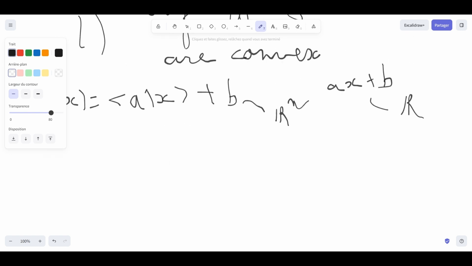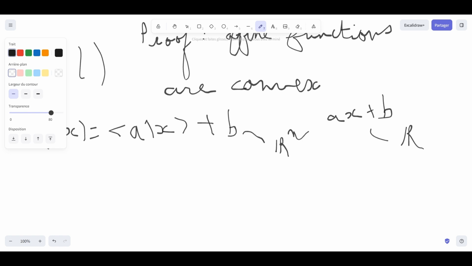Here is the bracket notation, which is a column, and here is something which is a line, like 1, 2, 3, for example, in the matrix, and here 1, 2, 3.